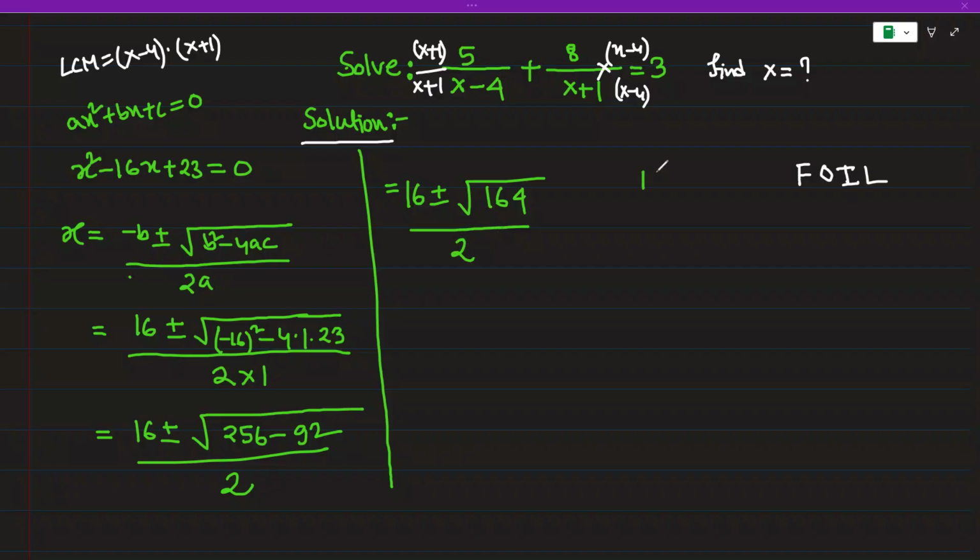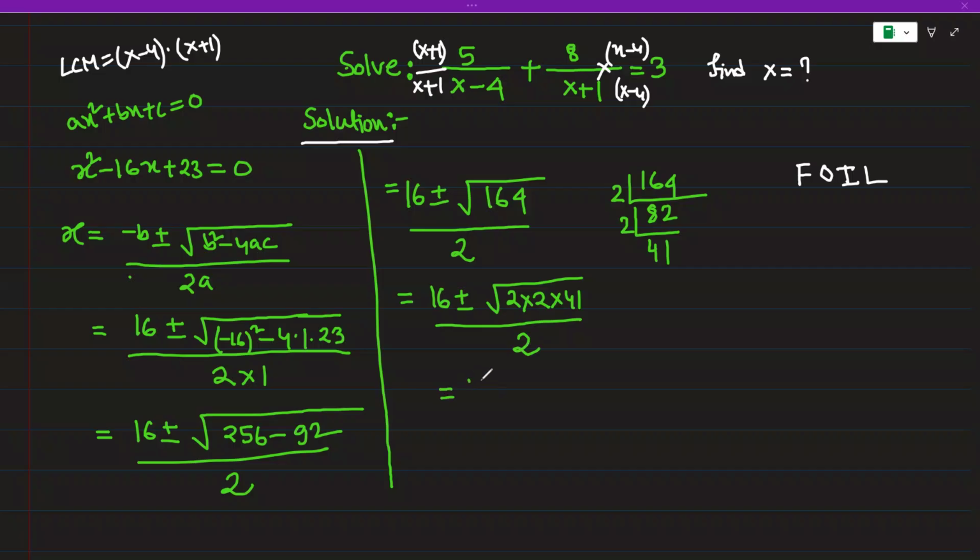Now 164, let's factor it. 2 times 82, 2 times 41. So it will be 16 plus or minus square root of 2 times 2 times 41 over 2.